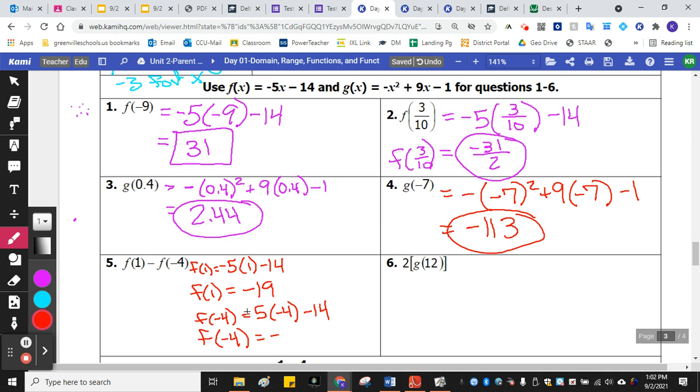I was wrong. It was a -5, so you're right, it's 6. Make sure you put it in the right order. F of 1 is -19 minus 6, -25.